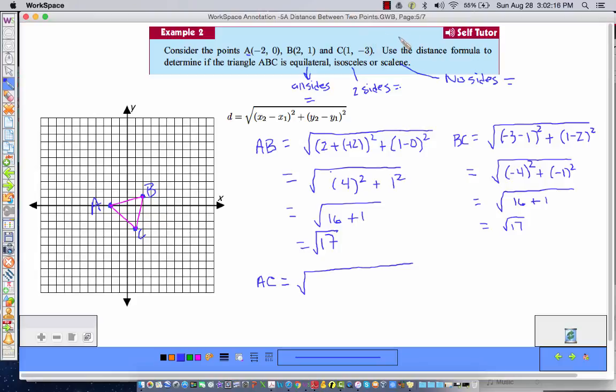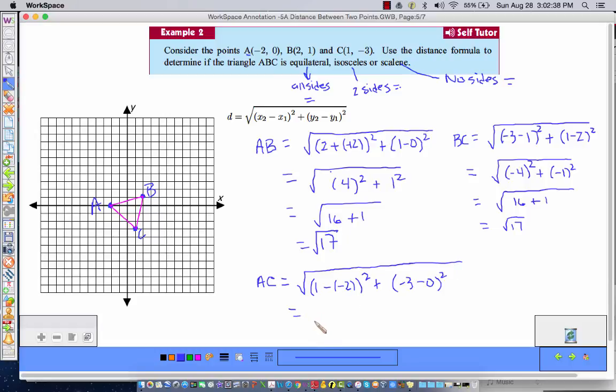All right, so now we'll do our x's, AC. So 1 minus a negative 2, the quantity squared, plus negative 3 minus 0, the quantity squared.